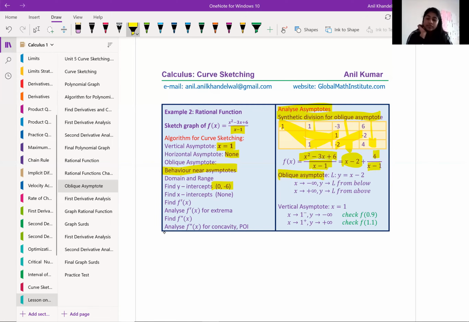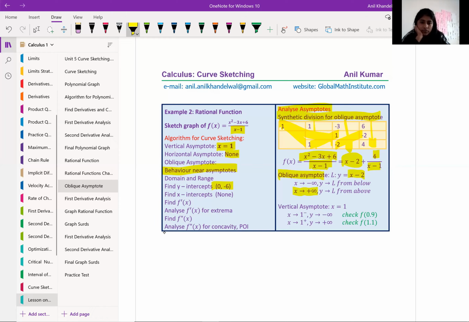And so we could write the function in the form shown here, x minus 2 plus 4 over x minus 1. So clearly, we have an oblique asymptote whose equation is y equals x minus 2. So this line L is the oblique asymptote. Now, let's try to understand the behavior near the asymptote. Let's go with the positive value first.